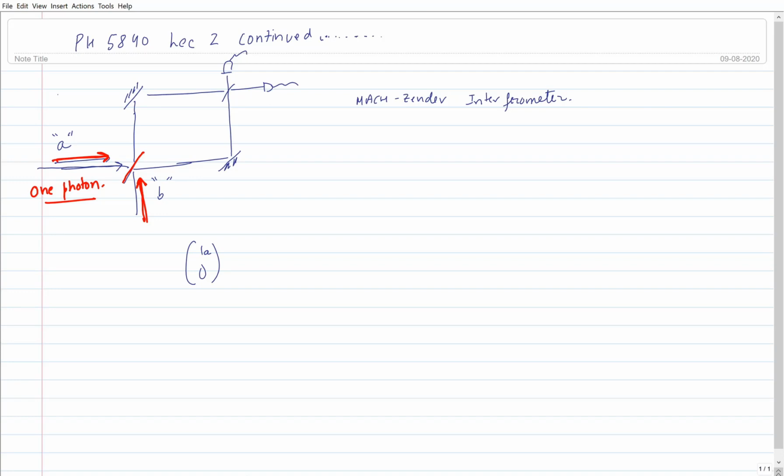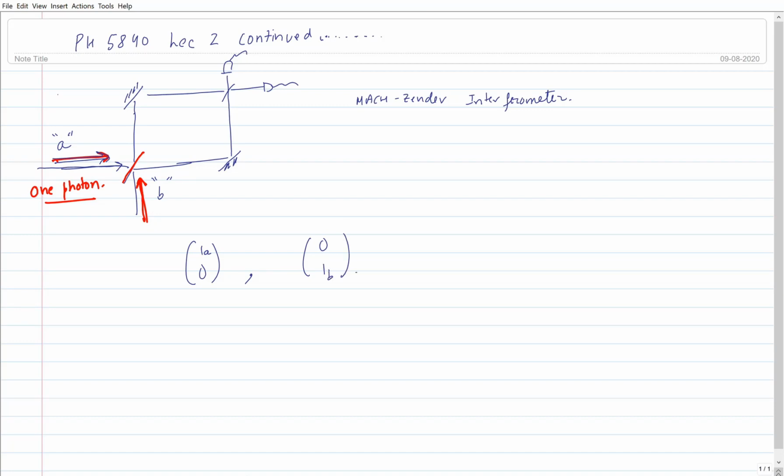So what does this vector mean? It means that I am injecting the photon through this port and there's nothing in this port, and the other combination would be nothing is coming from here, from the port A, and a single photon is coming from port B, and that's going to be 1B.